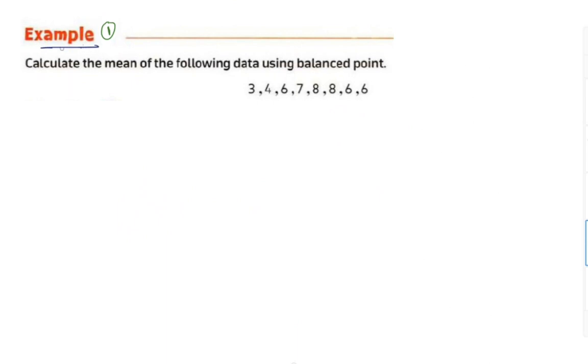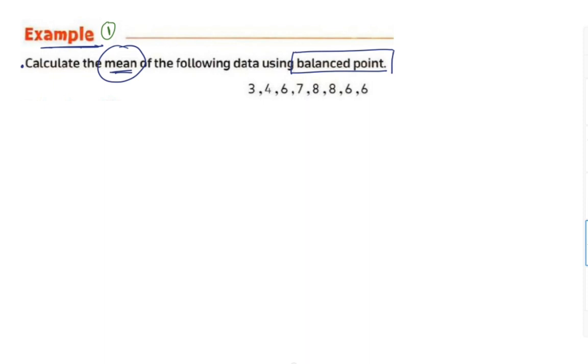Now we have example number 1. The example says, calculate the mean of the following data using balanced point. Remember with me, we said before, we will find something called mean. And this is the first way, called balanced point.